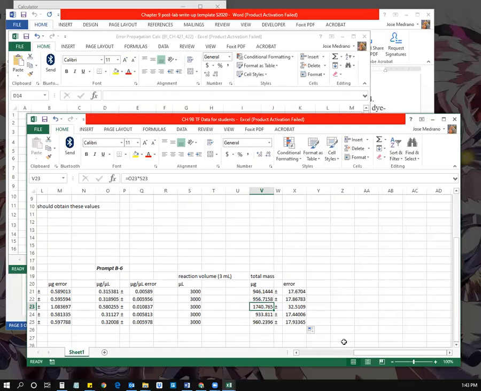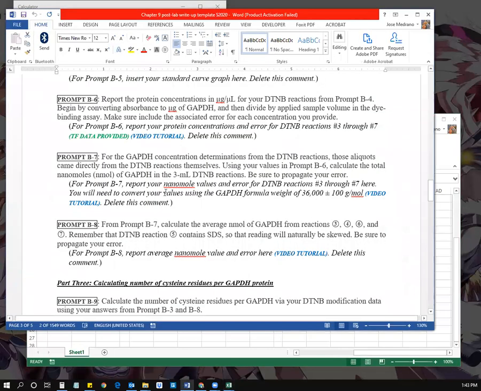We're not done with prompt B7 just yet, even though we calculated the total mass. Now we need to calculate the actual moles. To do that, the prompt said to use the GAPDH formula weight of 36,000 plus or minus 100 grams per mole.